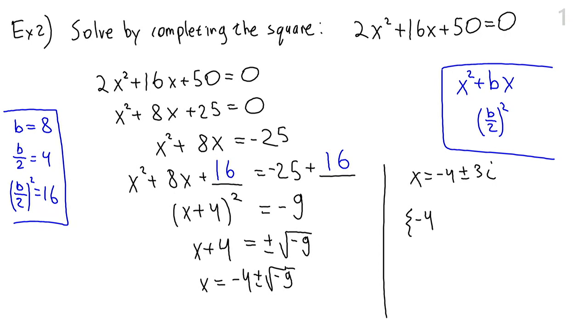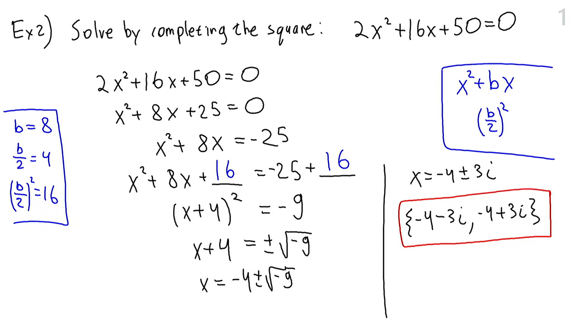So the solution is a pair of complex conjugates: minus 4 minus 3i and minus 4 plus 3i. And this is the final solution to this problem.